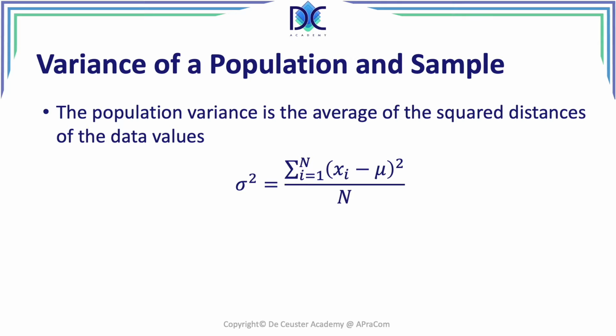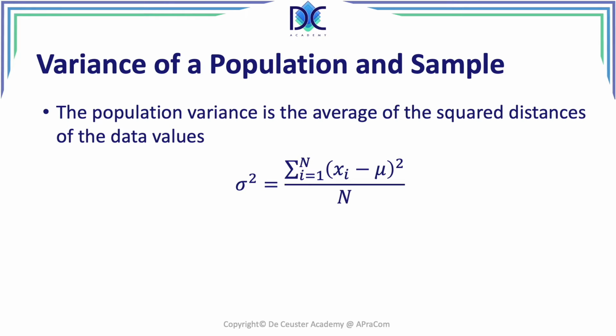Why are we squaring the values? Well, if we would have xi minus the average, we would have on the left-hand side a negative value, on the right-hand side a positive value, and the two sides would compensate each other.